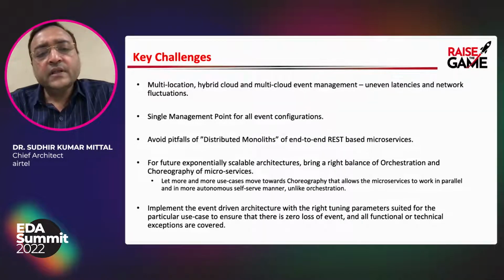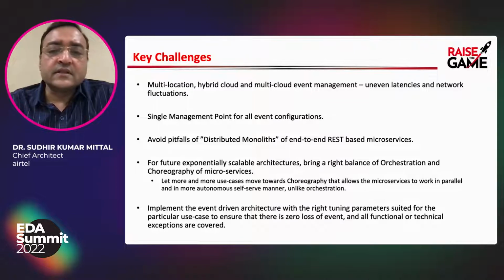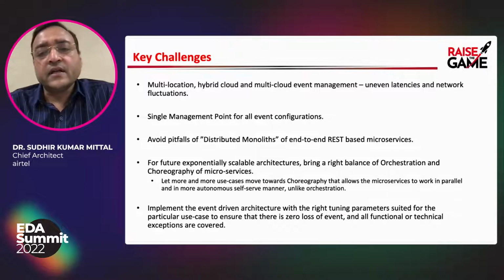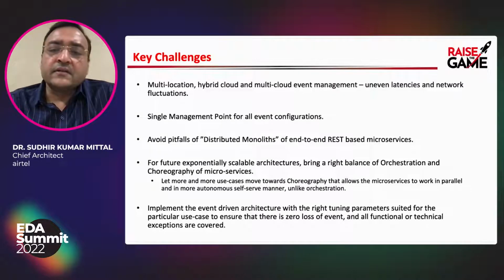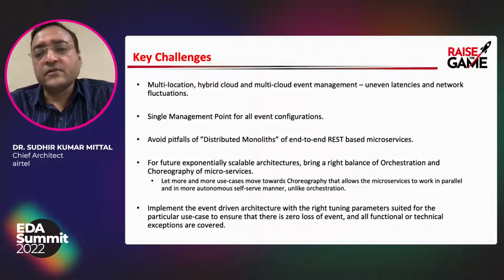In the distributed monoliths of the REST-based microservices, typically the orchestration of the services is implemented, which is an easier architecture for any developer or any team leader, where they feel that they have to distribute the microservices, and the event generating or event capturing node then orchestrates the behavior which is to be implemented for that particular event or that particular API call.